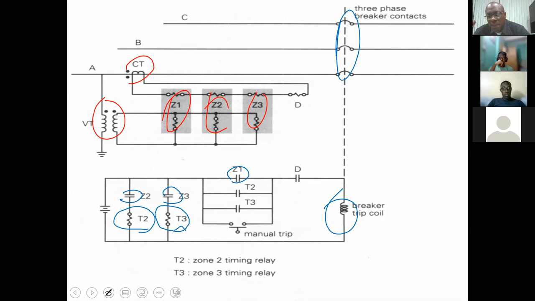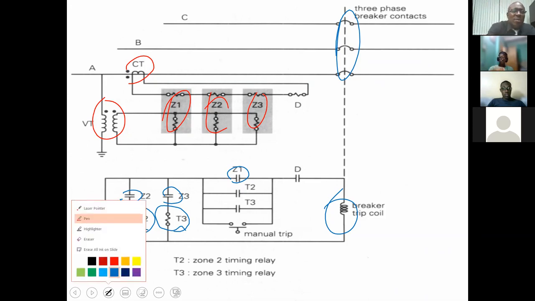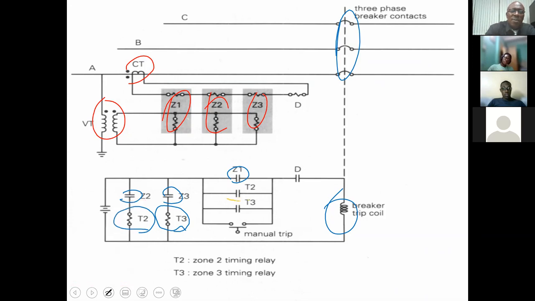If the 200 or 300 milliseconds passes, then the contact from the timer will now close and close your circuit.